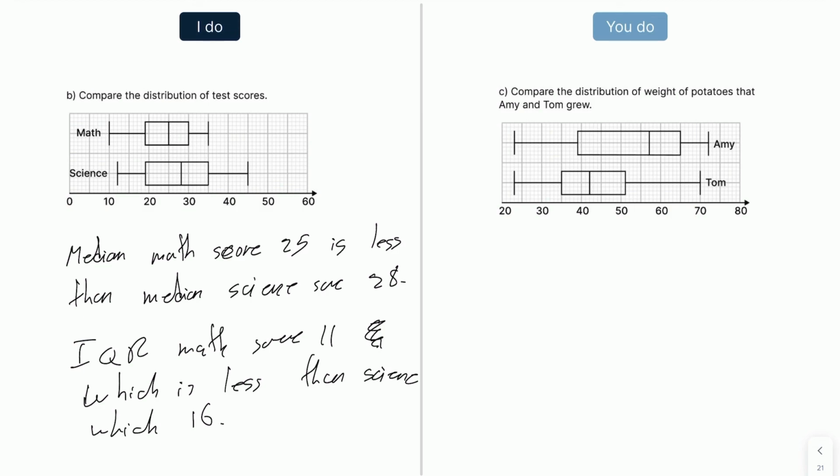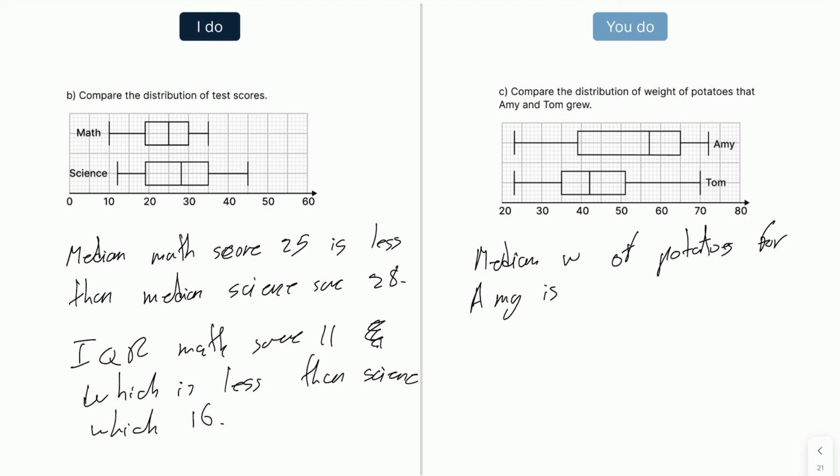Again, this one did come up on an exam. You're comparing the weight of potatoes for Amy and Tom. So you would say the median weight of potatoes for Amy is, it isn't 42, what am I doing?